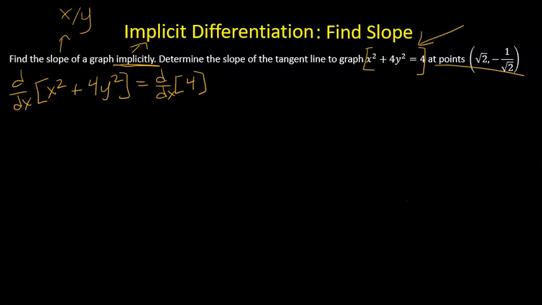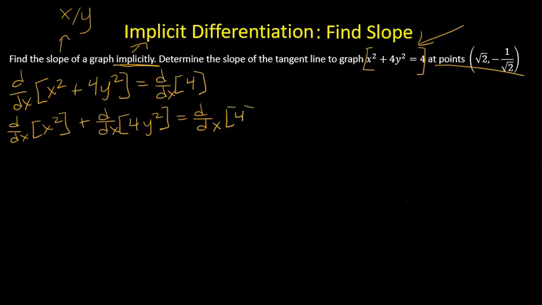Great. This is kind of looking like example 1, right? Okay, so every single term gets its own d dx: d dx of x squared plus d dx of 4y squared equals d dx of 4. Great. Now I have to determine if it gets dy dx when I find the derivative.